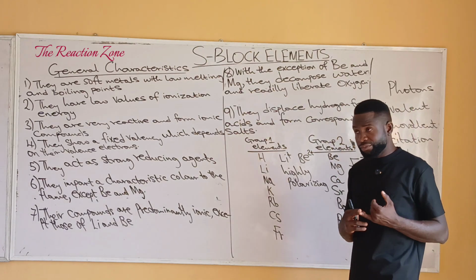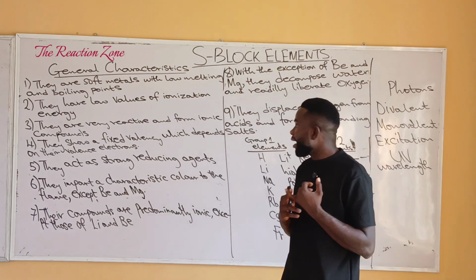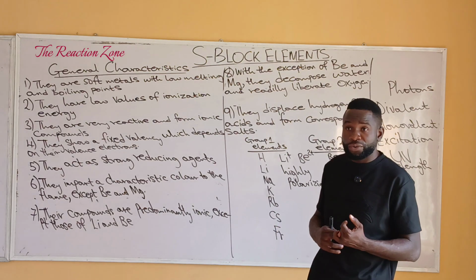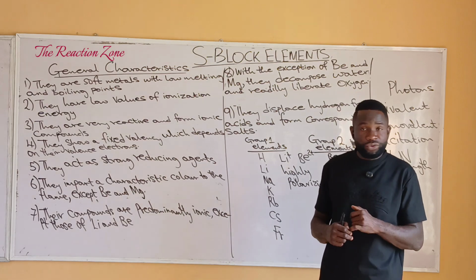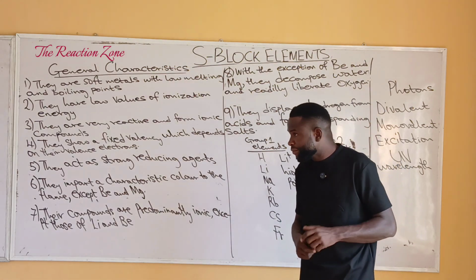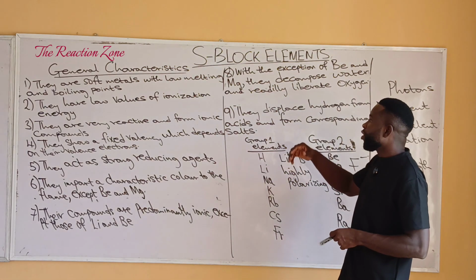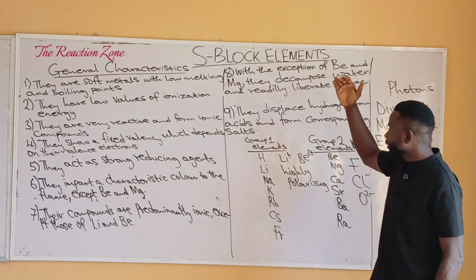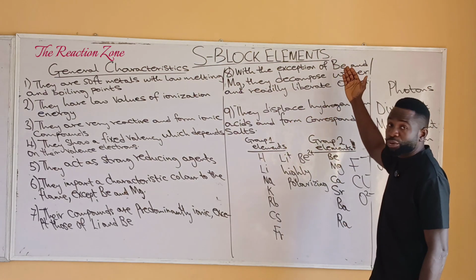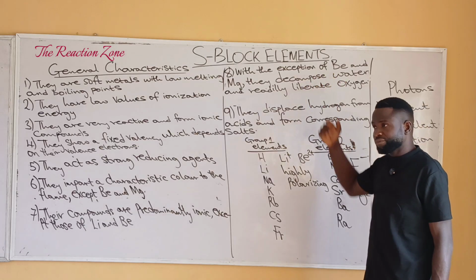The first reason is because of their high values of ionization energy. Due to the high values of ionization energy that they have, it becomes difficult to get the electrons that are supposed to react with water and decompose it.